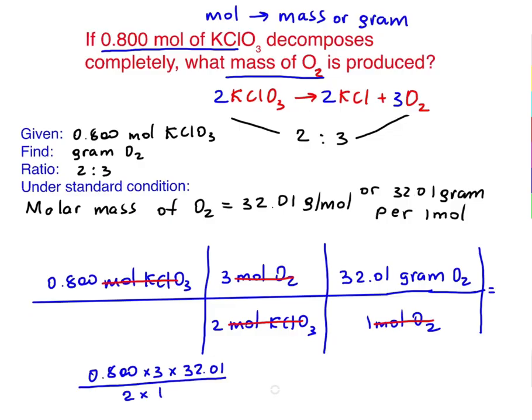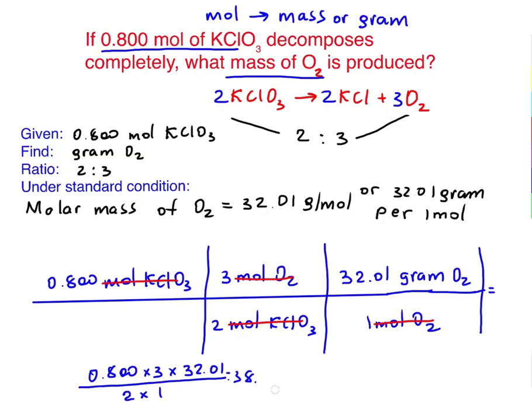And again, here I'm gonna show with the arrow where I got each of those numbers: 0.8, 3, 32.01, and then 2, and then 1.